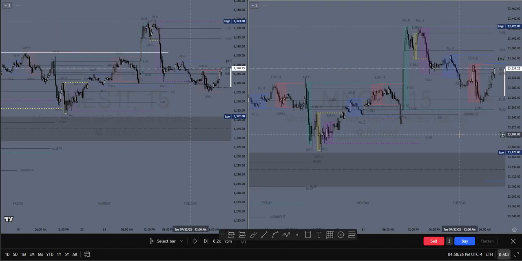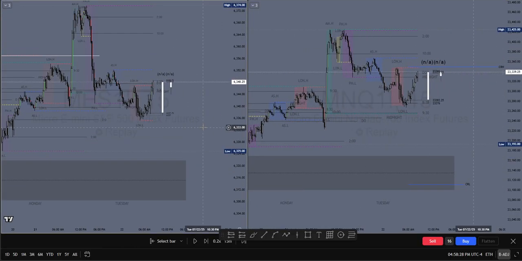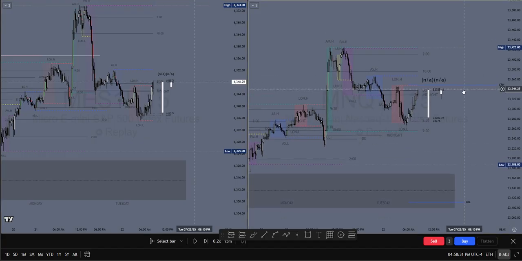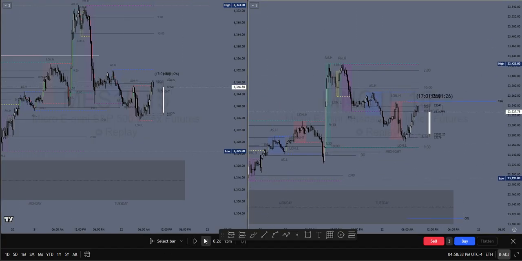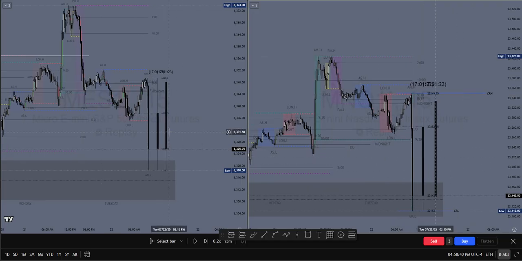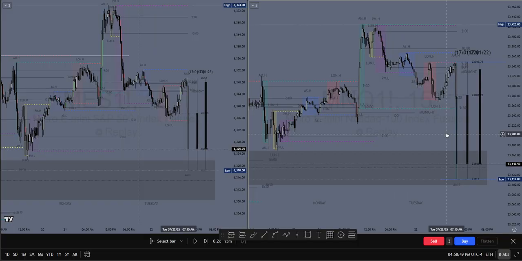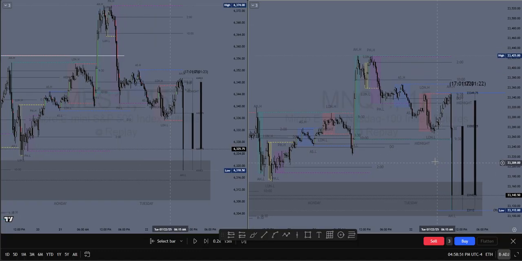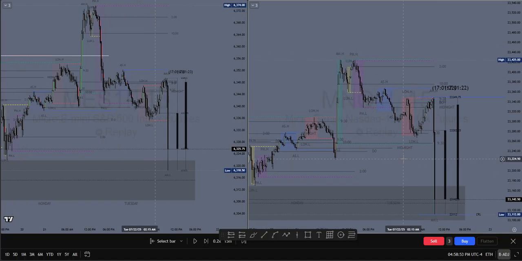Like this is what today looked like. We formed our SMT, and then right when market opened, what did price do? We ended up sweeping it, and then we started dumping. It seems like a lot of people were bullish today, but this daily imbalance had to get taken out sooner or later, and as you can see, it was straight up immediately.